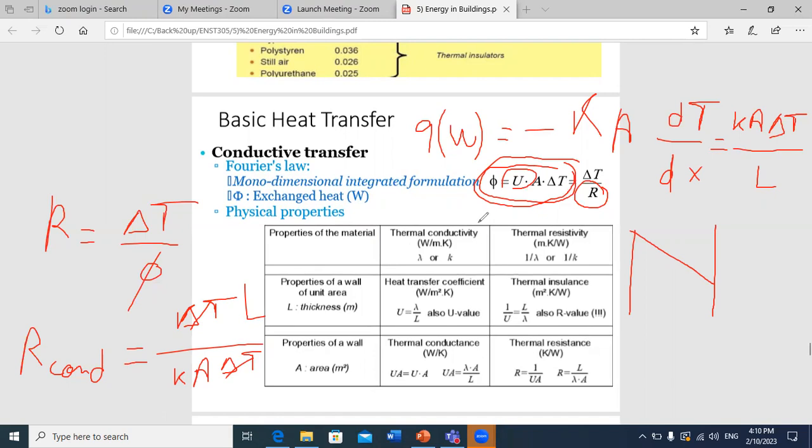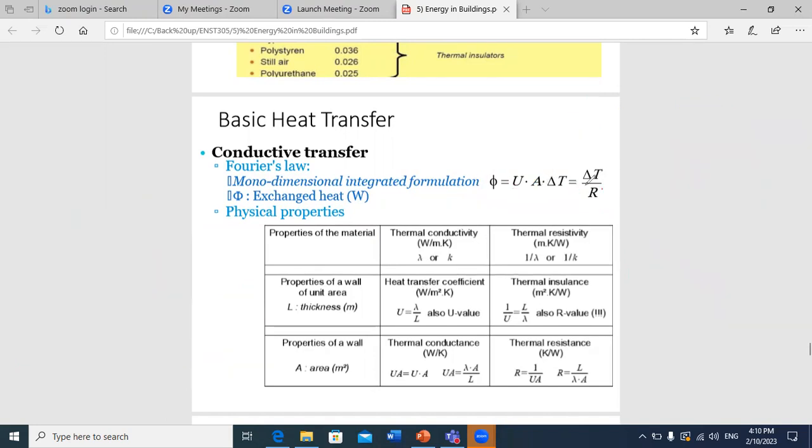So from here, we can define the U value. The U value is the opposite to the resistance, as you can see here, because if we look at the definition, okay, R is 1 over UA. Okay, so R is 1 over UA.